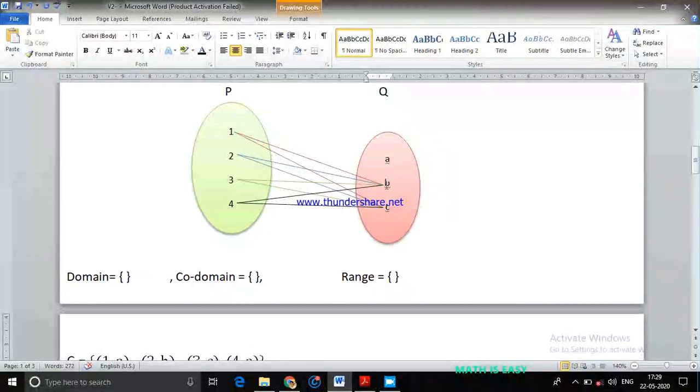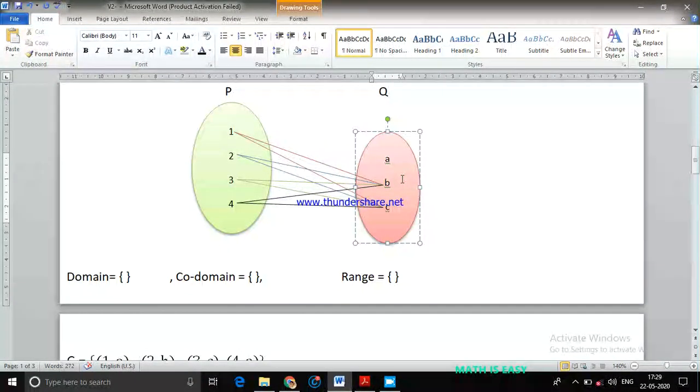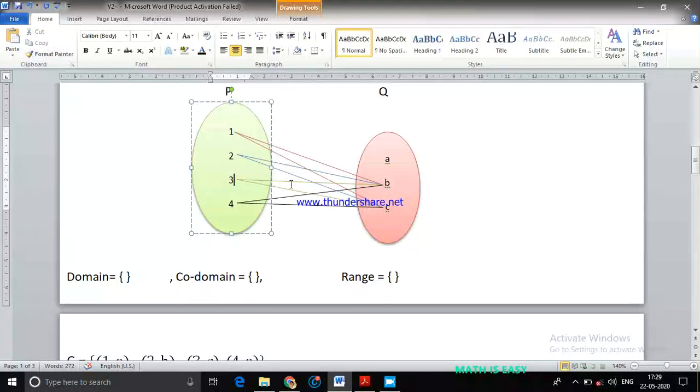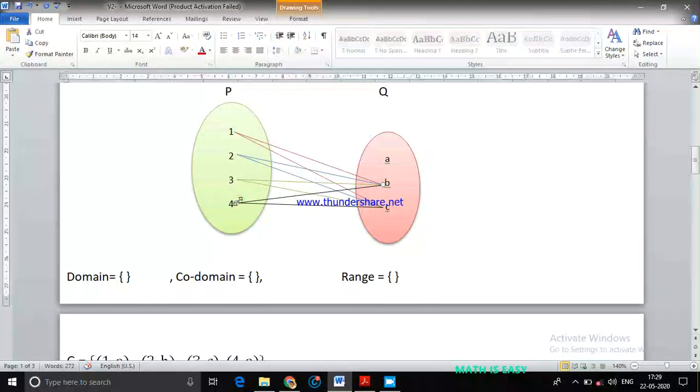Understood? And here also B is the image of 1, 2, 3 and 4 because every element is mapping with B. And C is also an image of 1, 2, 3, 4 where the line from 1 is going to B and the line is going to C. So B and C both are the image of 1, and B and C both are the image of 2, B and C both are the image of 3, and B and C both are the image of 4.